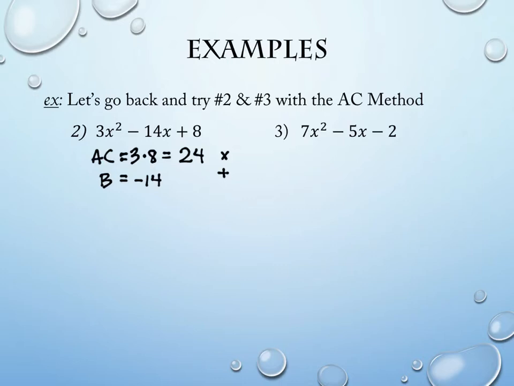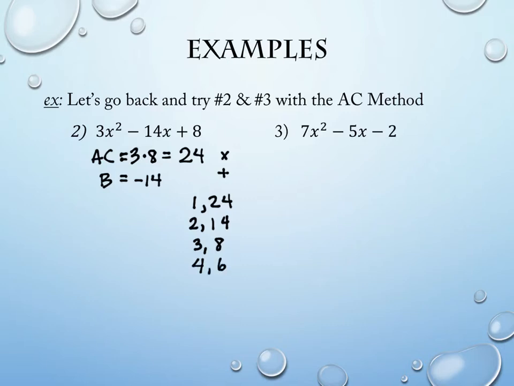What are my options for getting to 24? Let's start with that. Well, I can do 1 and 24, right? What else could I do? 2 and 12. What else could I do? 3 and 8. There's one more. Somebody give me my last option. 4 and 6.